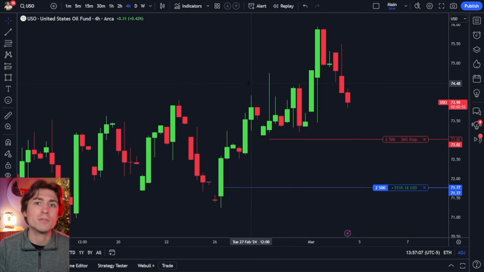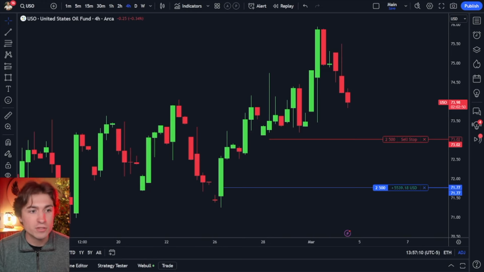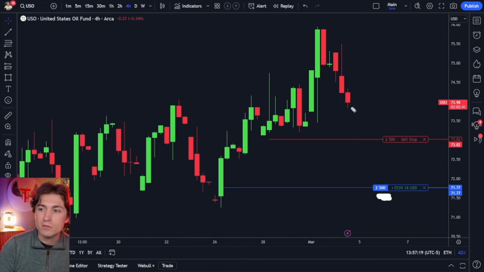Here's another example of a trade that I currently am in where I've actually trailed a stop loss into profit. So in this case, what you can see here is that I do have my 2,500 shares set up, but then I've also got a sell stop order on those 2,500 shares.